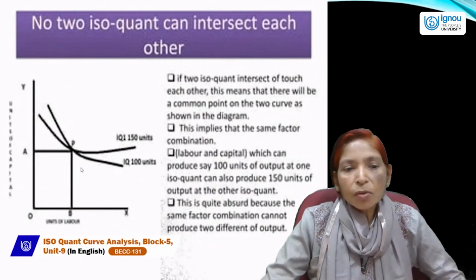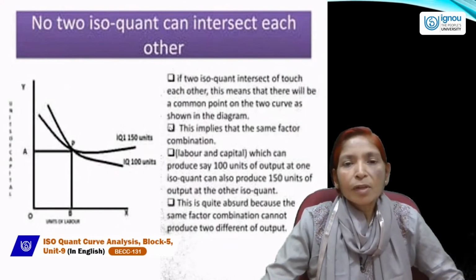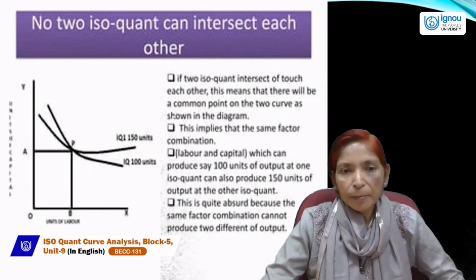You know that isoquant curves can never intersect each other because each isoquant curve represents different combinations of two factors of production which give the same level of output to the producer.